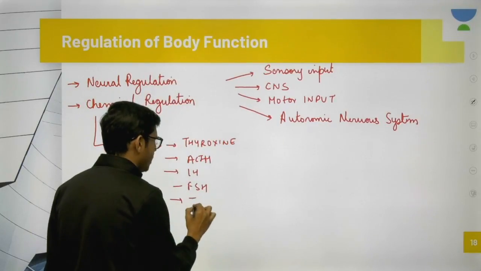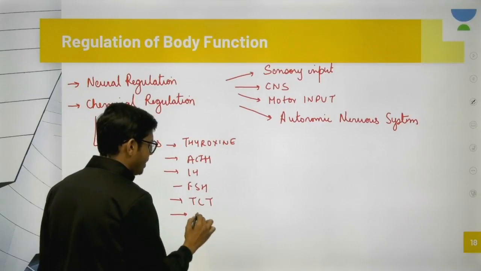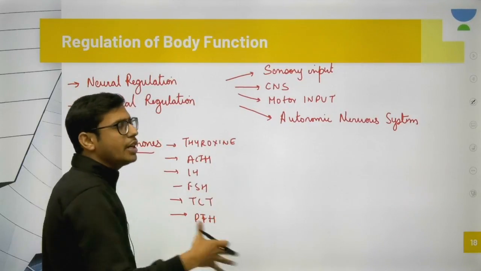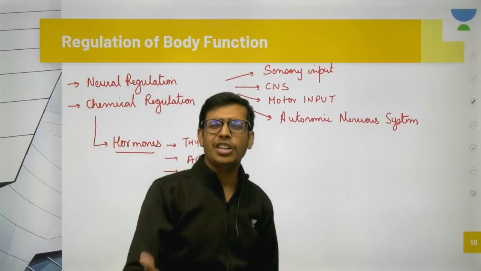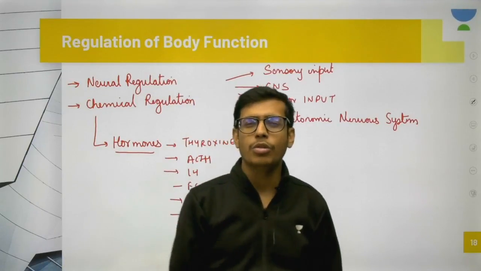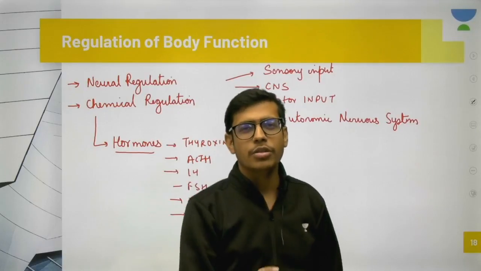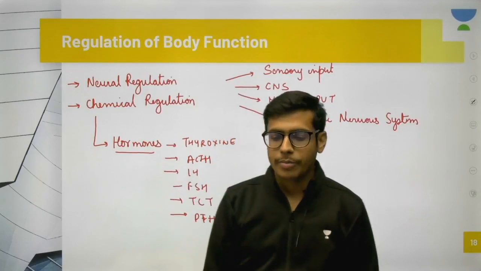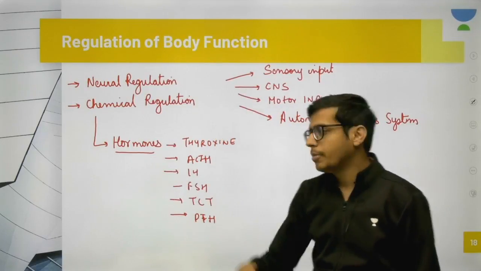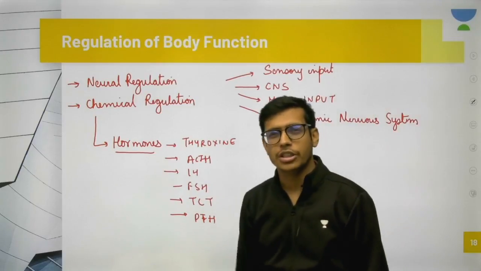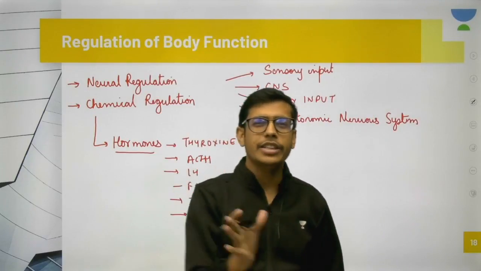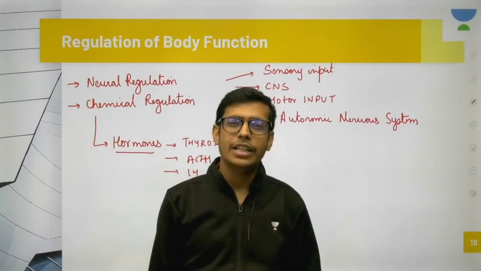Like TCT, it reduces the blood calcium level. PTH works antagonistic to TCT, right? Again, the adrenal cortex: cortisol, glucocorticoid, mineralocorticoid, sex corticoid, all these hormones work for regulation of my body function.